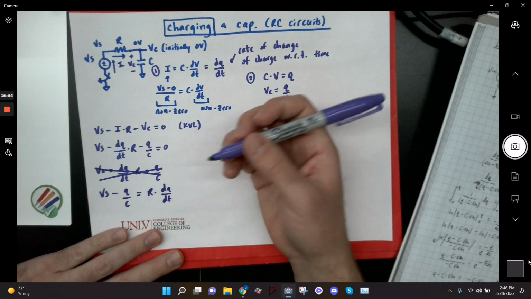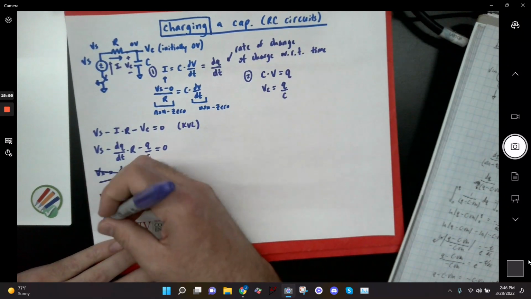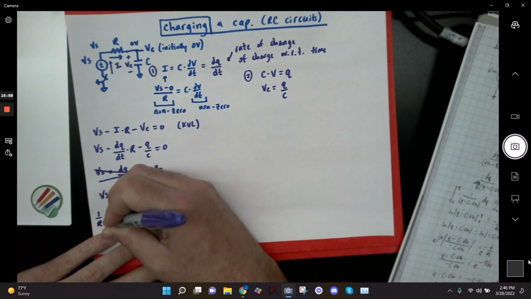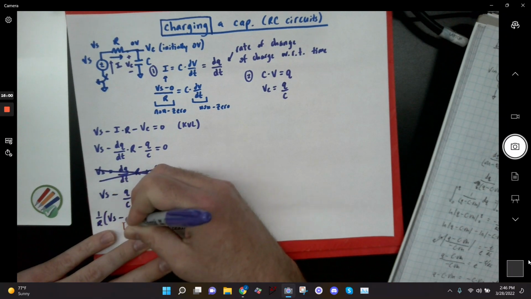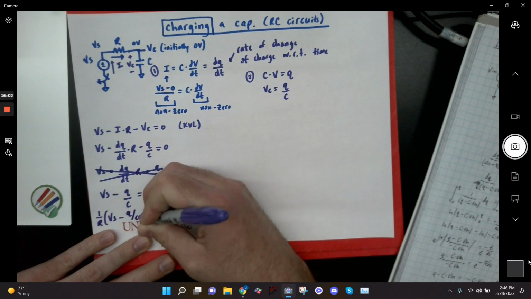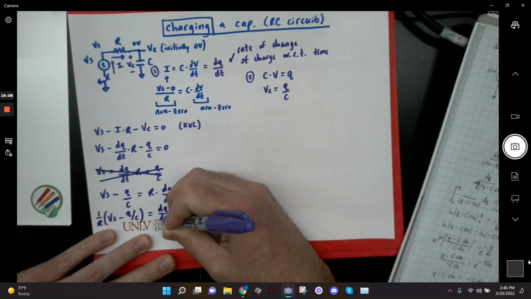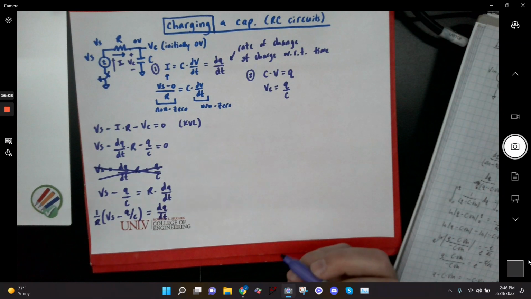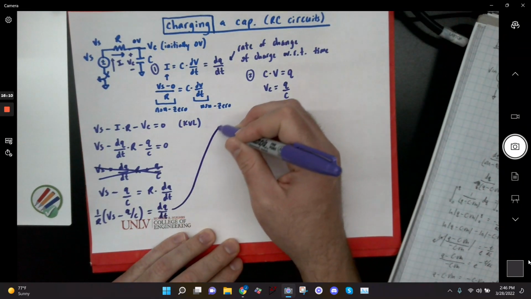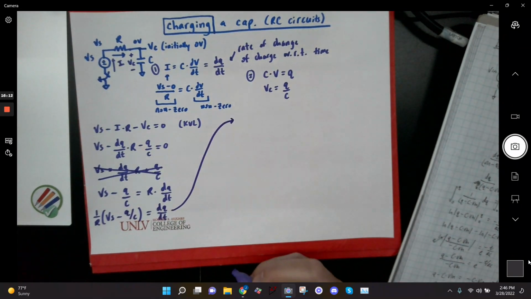And then I can divide by R on both sides. So I basically get 1 over R times Vs minus Q over C, and that's going to be equal to dq dt. Okay, so now I'm going to basically move this over here and keep going.